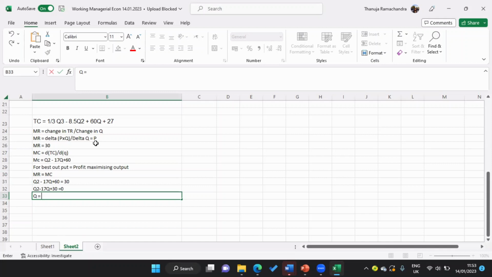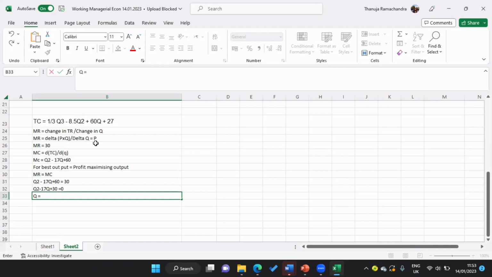Yeah, minus 15Q minus 2Q, so 2Q equal to 30. So that's Q squared minus 15Q.